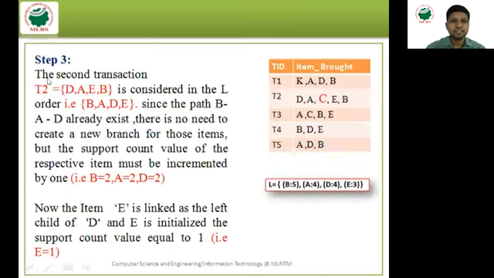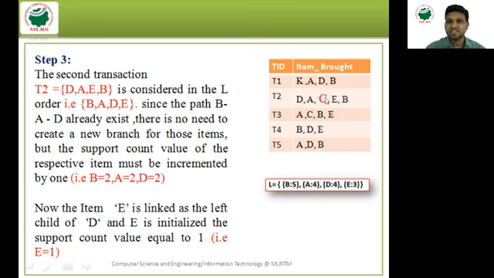Now step 3. We have to consider transaction T2. The second transaction T2 is DACEB, considered in the L order list. What is the final L order list here? B5, A4, D4, E3. Here it is DACEB, so what about C? C is not available in the L order list.